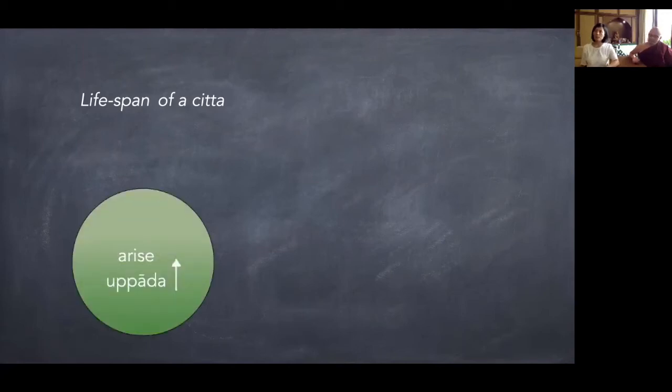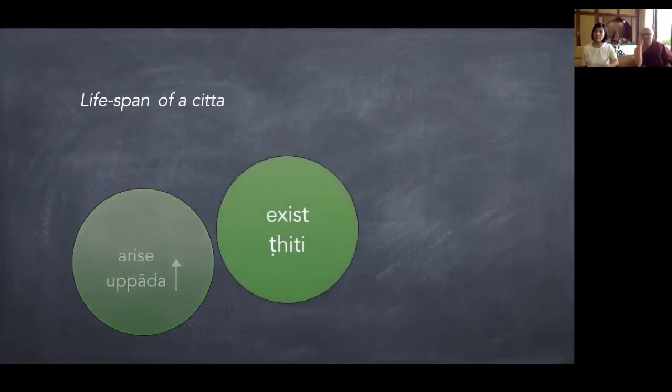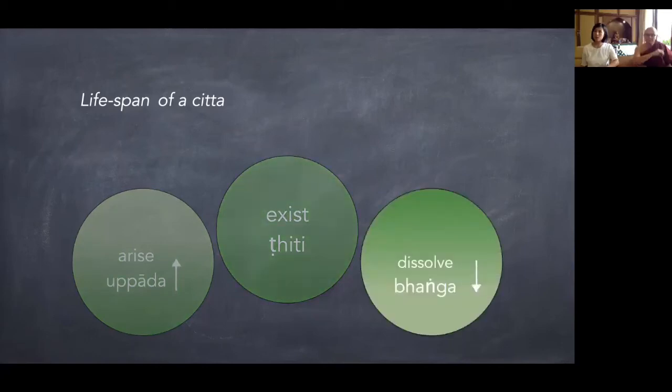The lifespan of a chitta. Just a reminder: chitta is the unit of consciousness, the atoms of consciousness we can think about. It arises, the Upada moment, exists, the Titi moment, and then dissolves, the Bhanga moment, very quickly, billions of times per second.